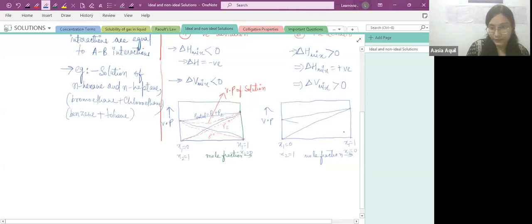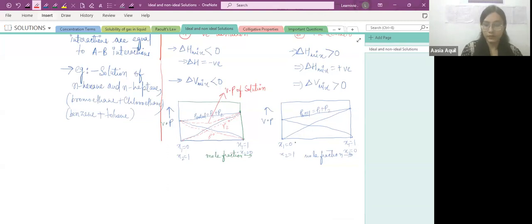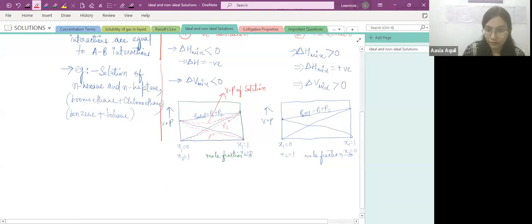This was the ideal line, P total equals P1 plus P2. What happens in positive deviation? This line goes above the ideal line, and the P1 line goes above this line, and the P2 line goes above this line. So it becomes P total.